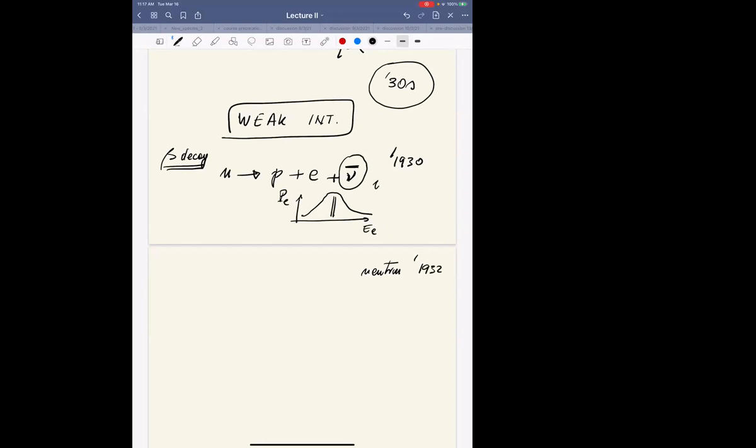So he calls this neutron. And a few days later, the Rome group of Fermi and collaborators will give it the name neutrino, a small neutron, right? This is how it all starts.